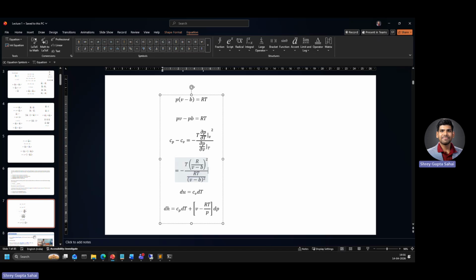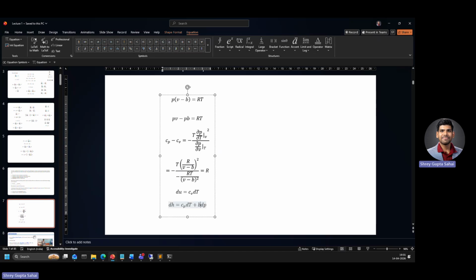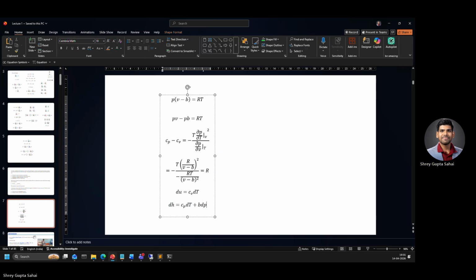Now that will simply become R. Note that although Cp minus Cv is R, it's not that H is only a function of T; H is not Cp dT here. There is a term, so RT by T is actually V minus B. This is just to show that although Cp minus Cv is R, it's not an ideal gas. Just mind that.